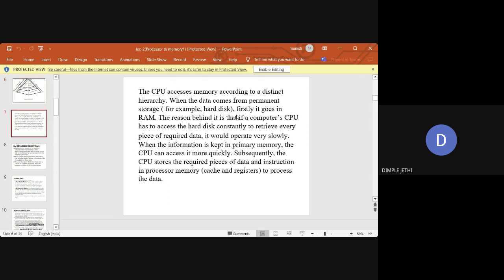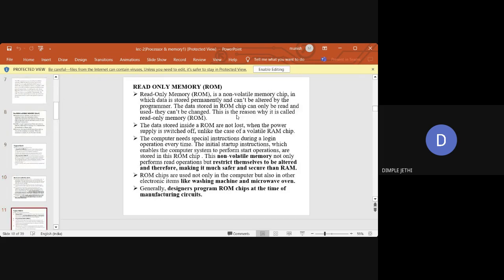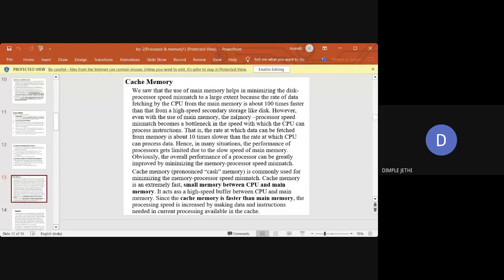So from RAM, we bring the data to the cache memory. Clear? So this is obviously to minimize the waiting time, so that CPU should not wait for the data to come from the RAM. This is 100 times faster than your secondary storage devices.